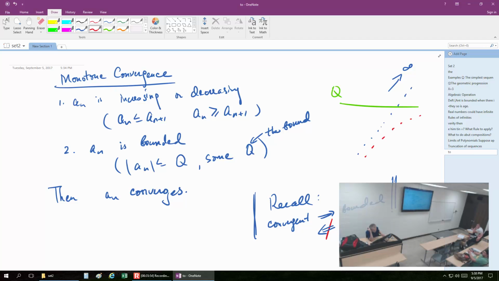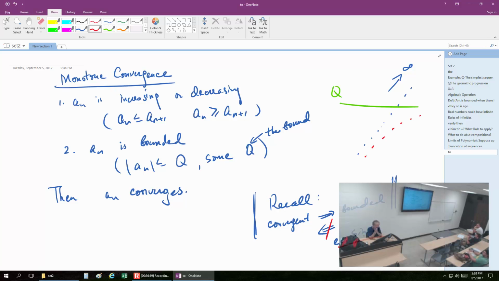A sequence that is bounded but not convergent. Sine of n, that's right, sine n. So an example proves or disproves the rule, if you like. A counterexample, the technical term is counterexample to a statement, and that's why you cross out the hypothetical theorem. So convergent means bounded, yes.